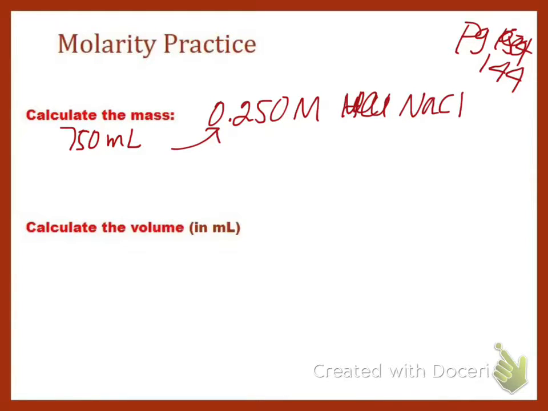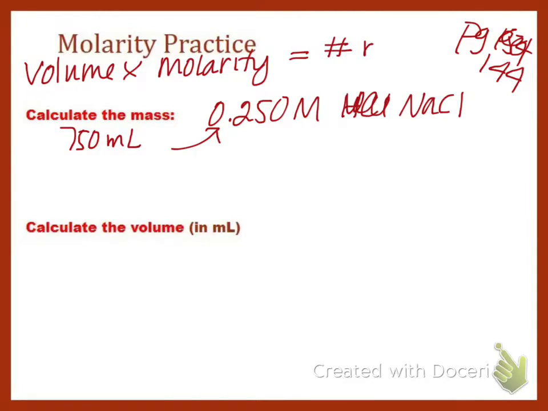So here's something that I need you to remember, and I would write this down somewhere: volume times molarity will equal number of moles of solute. Okay? Volume times molarity.